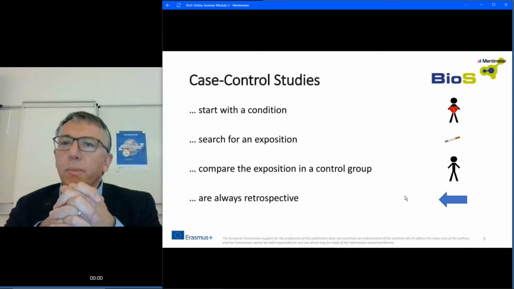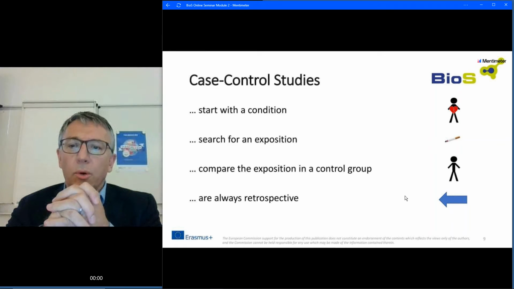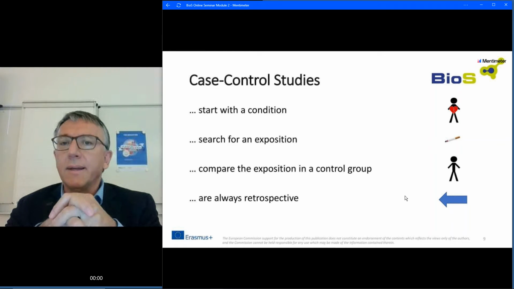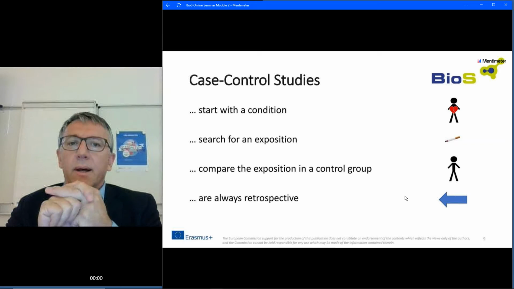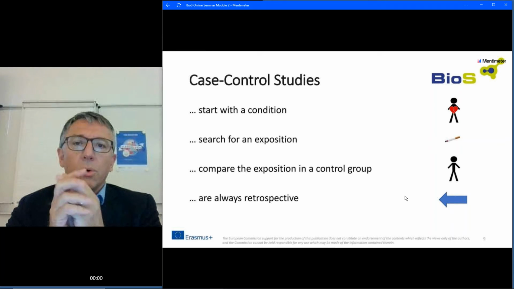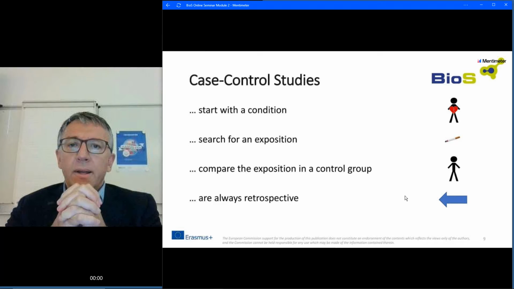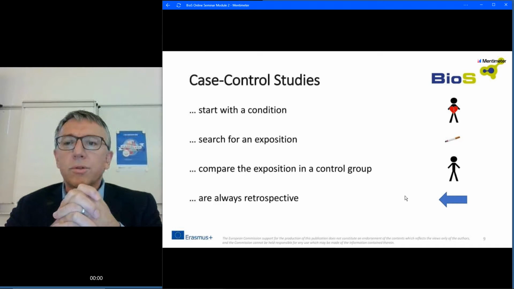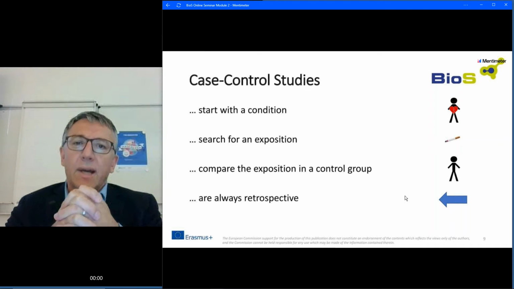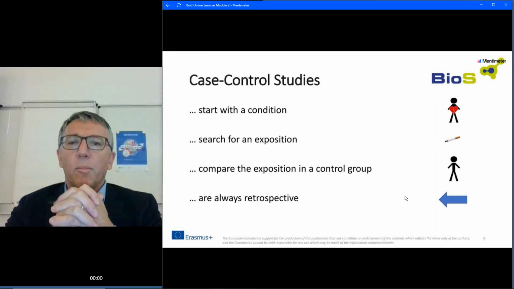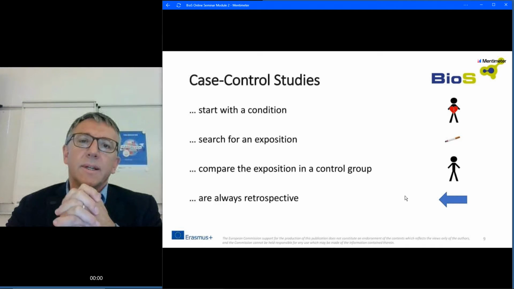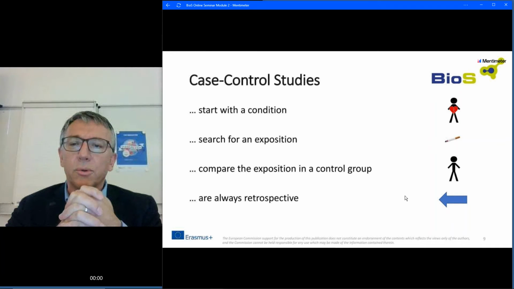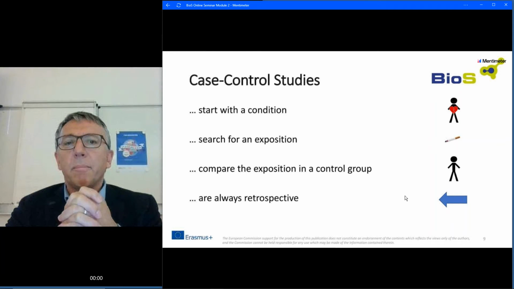But the 2x2 table can also be quite handy when you analyze case control studies or cohort studies. And case control studies are probably the most wrongly cited studies among all studies, because a case control study doesn't just mean you compare cases with controls.